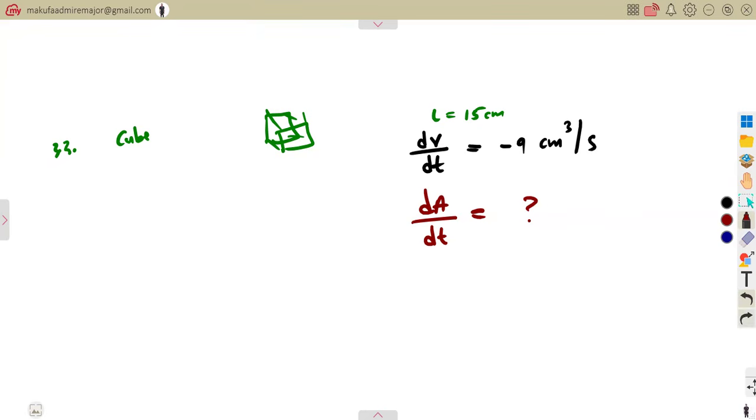So the question is, how do you calculate the volume of this cube? The volume of a cube is side times side times side, side to the exponent of 3. So I write this in terms of L, so that's L to the exponent of 3.